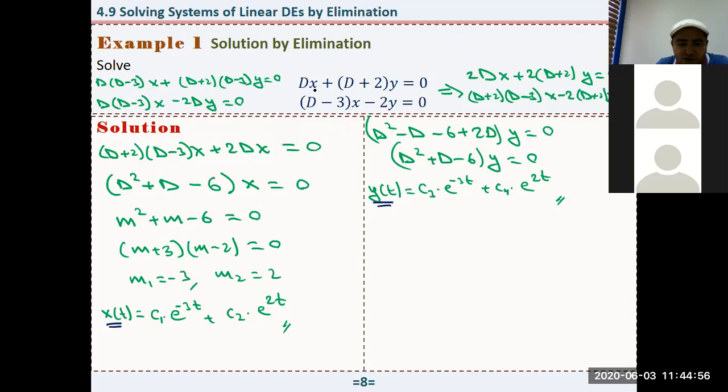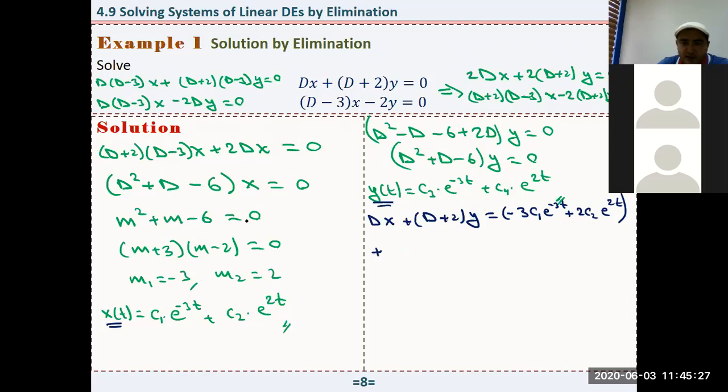If we just substitute in the first equation, so here we have dx plus d plus 2y is equal to, what is dx? Dx means I need to differentiate this with respect to t once. So here we have minus 3 c sub 1 e to the power minus 3t plus, this one is 2 c sub 2 e to the power 2t, right?